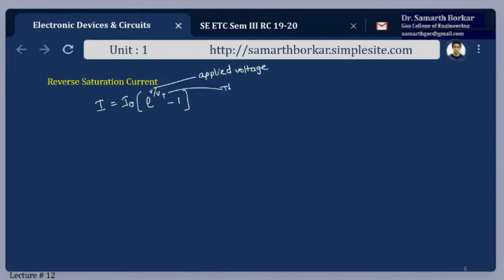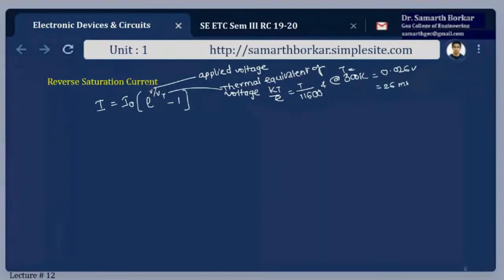Vt is the thermal equivalent of voltage, given by kT by e, which is T upon 11,600, and at 300 degrees Kelvin, if I substitute T equals 300, what I get is 0.026 volt or 26 millivolts. So it's a constant value.